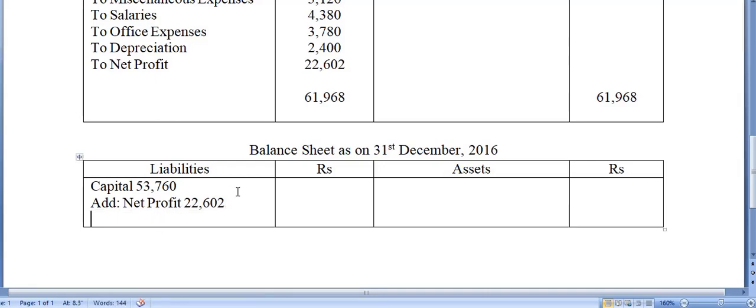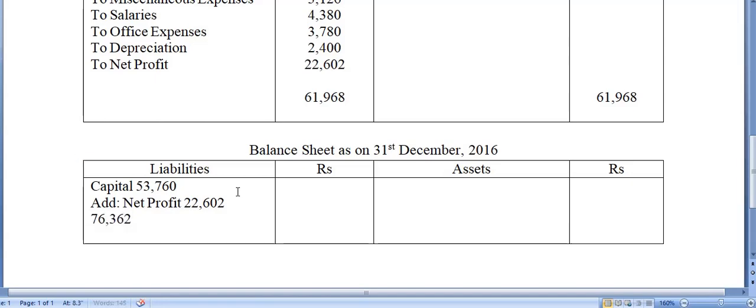The total would be 53,760 plus 22,602, that is 76,362. Less drawings. You must remember that the less items, the items that are to be deducted, must have the amount inside the bracket. Drawings is mentioned out here, 12,600 maybe.